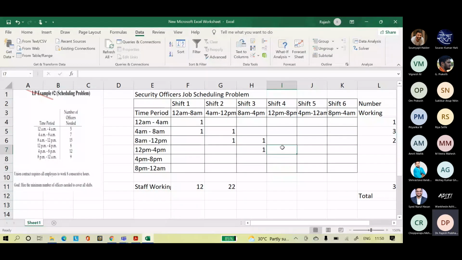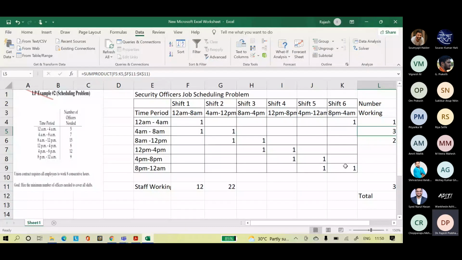Then 12 p.m. to 4 p.m. will also be shift, sorry, shift 4. Then 4 p.m. to 8 p.m., and then 8 p.m. to 12 a.m. one shift, and then the other one goes at the top, which is 12 a.m. to 4 a.m., right? Now it is correct? Yes, sir. Right? Now it is correct.